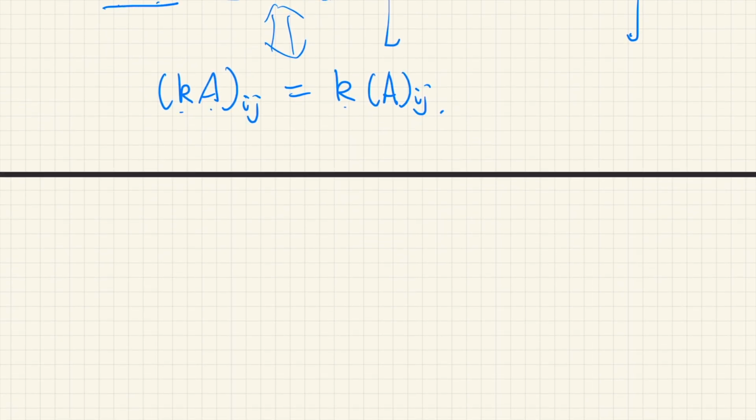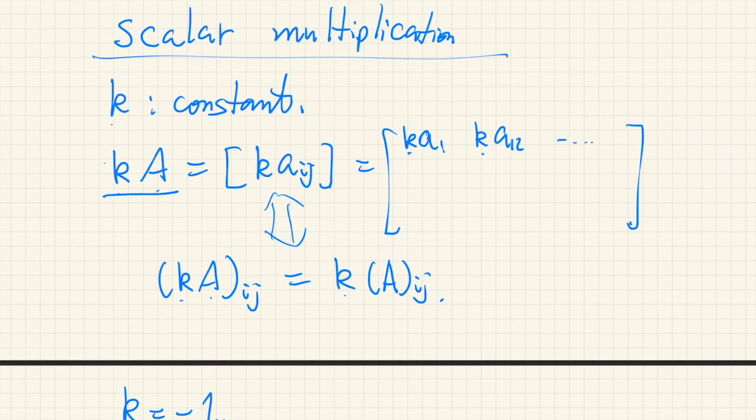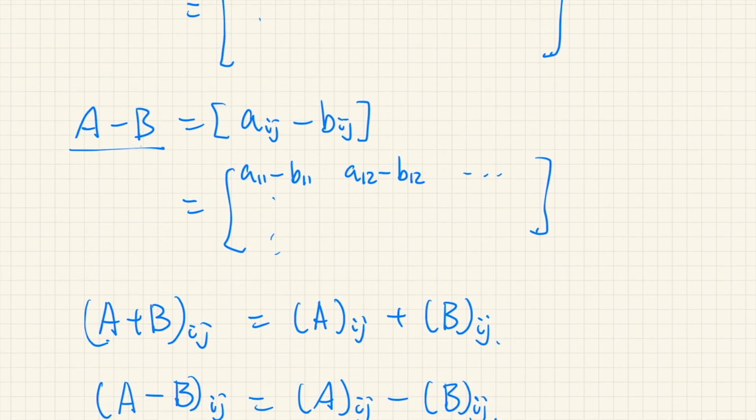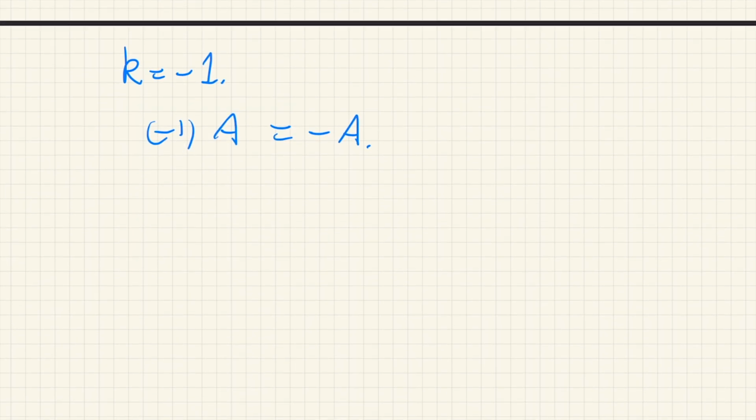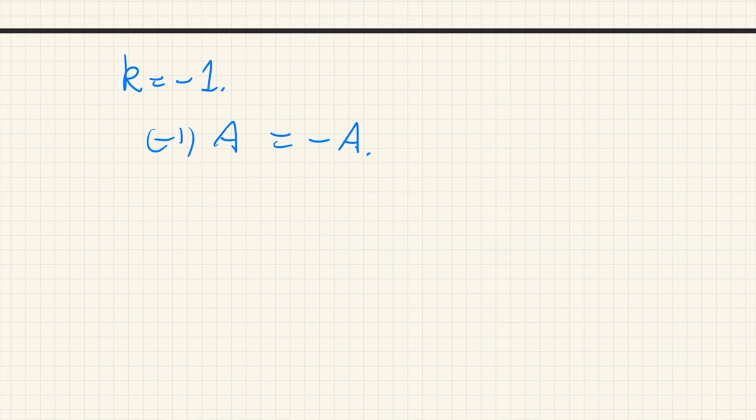In a special case where k happens to be equal to -1, then -1 times A is abbreviated as just -A. So although we define the subtraction between two matrices as this one, this can be reduced to just addition and scalar multiplication, right?